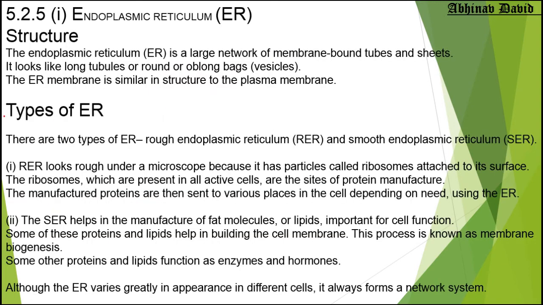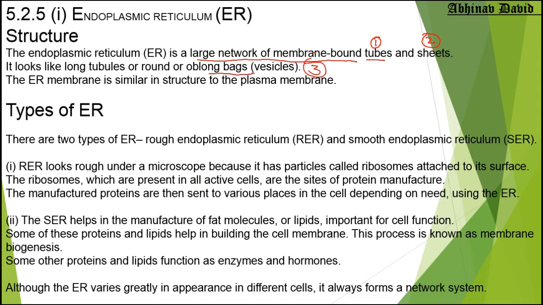Now, this is all given in the NCERT. I've just made the notes from the NCERT. So the endoplasmic reticulum is a large network of membrane bound structures, which means they are formed by the membrane. These structures are in the form of number 1, tubes, number 2, sheets, and number 3, bags or vesicles.